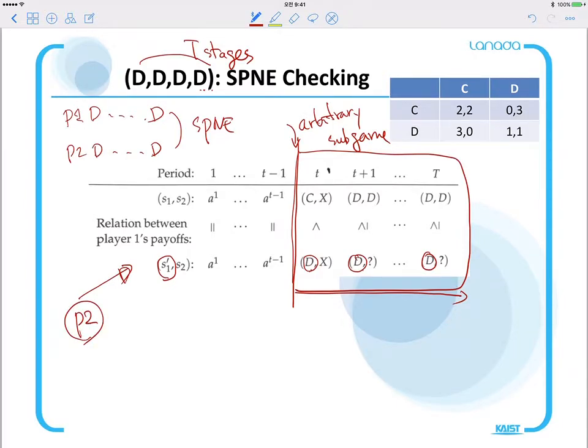But let's look at the case where, rather than choosing D, D, player 1 chooses a different strategy, like C here, and then D always.